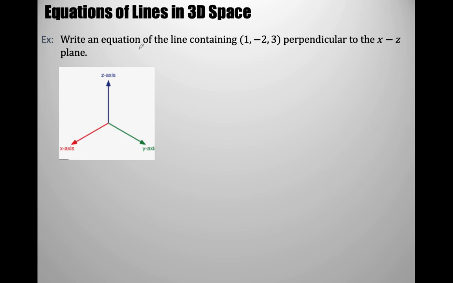Write an equation of a line containing, alright, I got that part down. Ooh, perpendicular to the XZ plane. So XZ plane, let's see, go over here to this drawing, that's this wall.